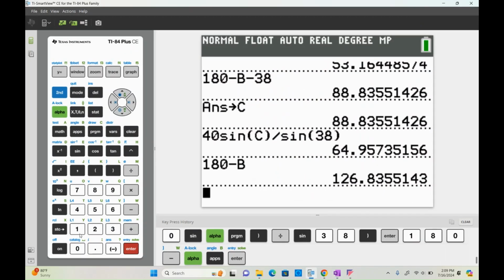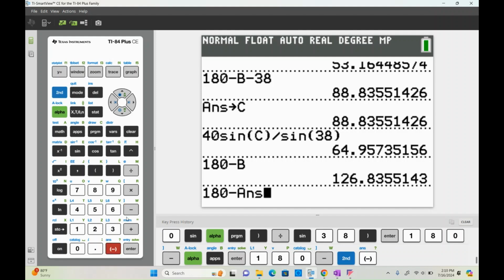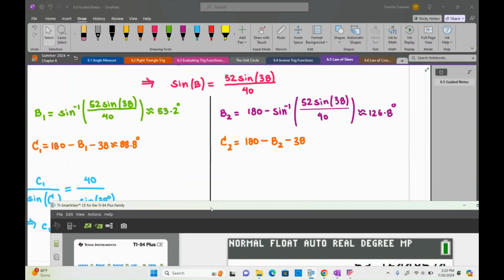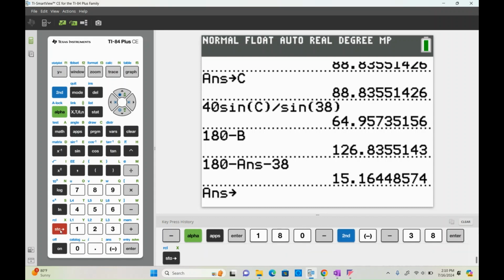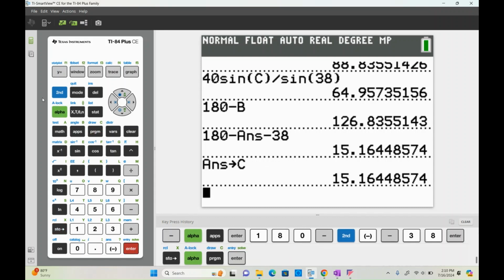So in my calculator here, I'm going to do 180 minus my previous answer, which is B2, and then minus 38, which is A. Let me just double check that. There we go. All right, so now this is going to be the angle C. I'm going to label it as C2 over there, but let me hit store alpha C because I'm going to use this number again. But it's about 15.2.